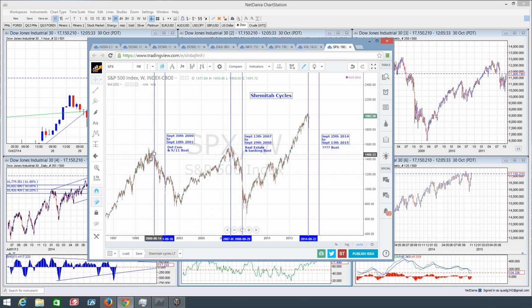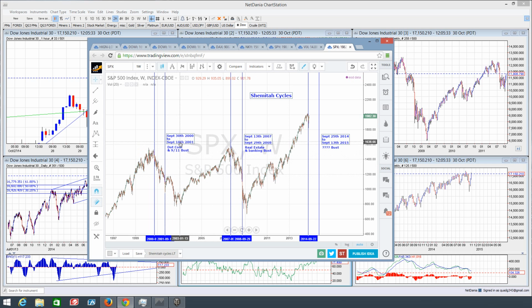So back in 2000, at September 30th, 2000, we did see a move down in the price, and that whole year from September 30th to September 18th, which is a Shemitah cycle, Shemitah year, if you will, from Feast of Trumpets to Feast of Trumpets, we saw this move to the downside.